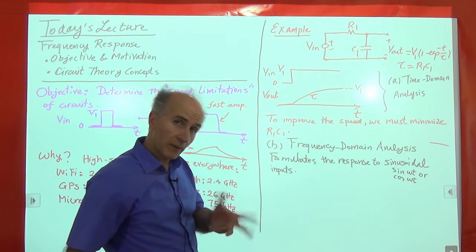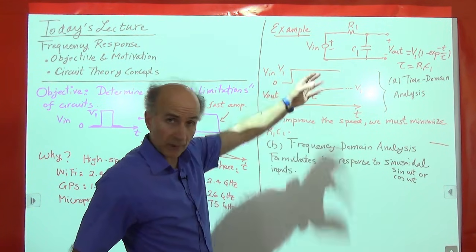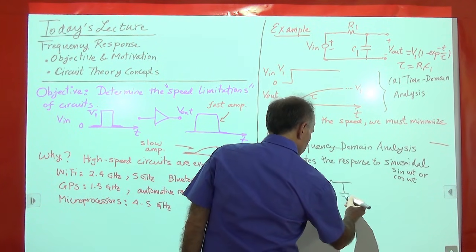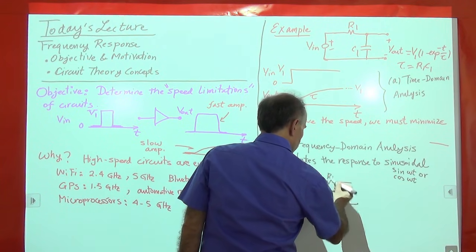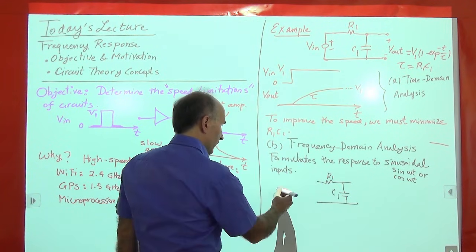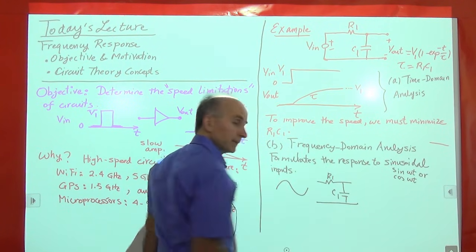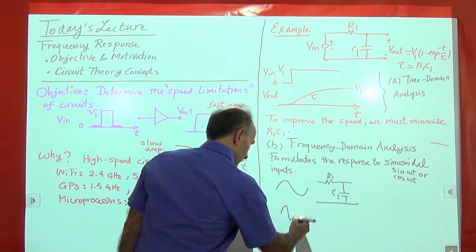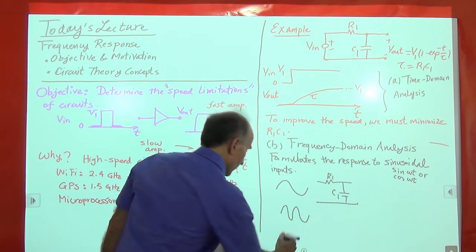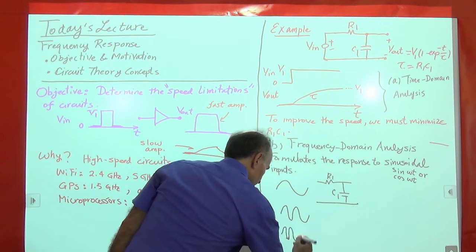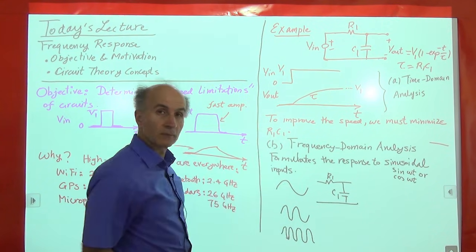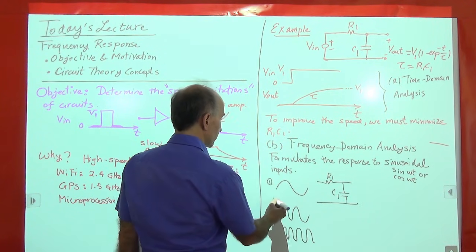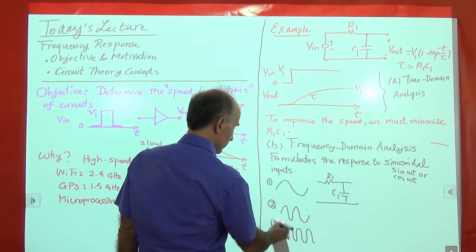Now, pictorially, what this means is this. Suppose I have that circuit, and what I do is I try different cases. So R1, C1, I try an input sinusoid like this, and then I increase the frequency. So something like this, and then something like this. Okay, 3 different cases, for example, right? So 1, 2, 3.